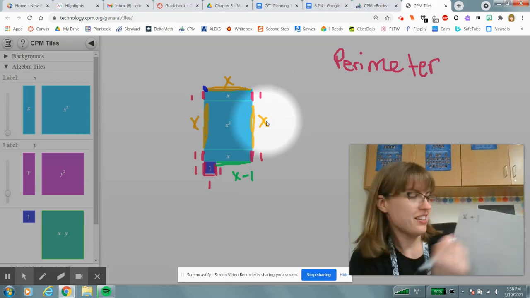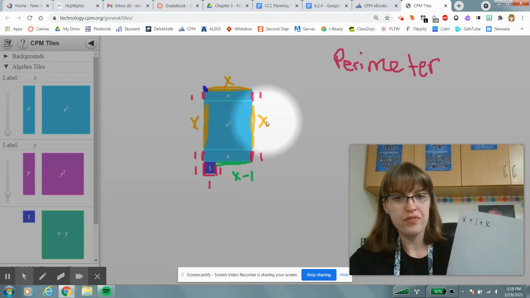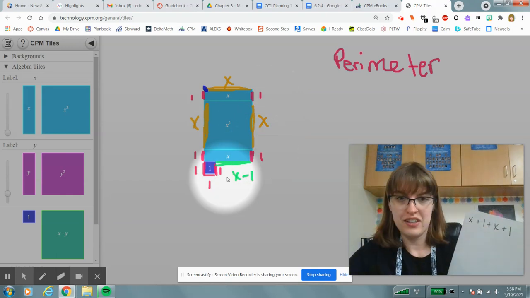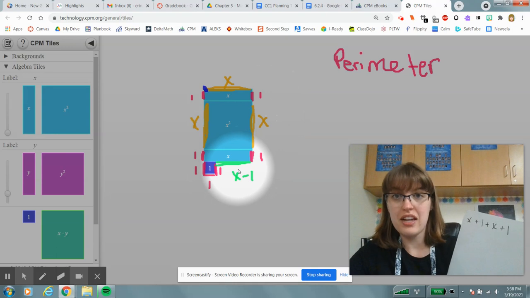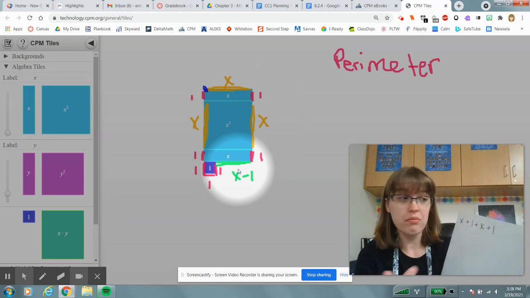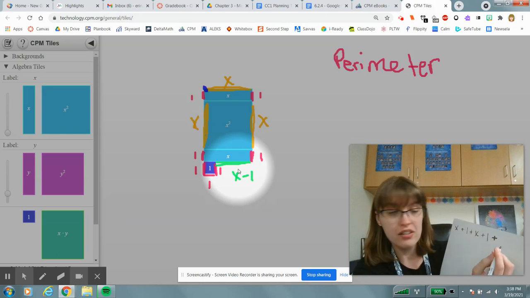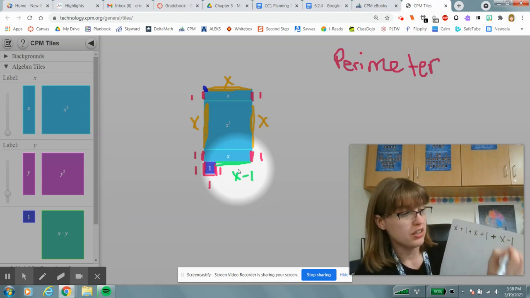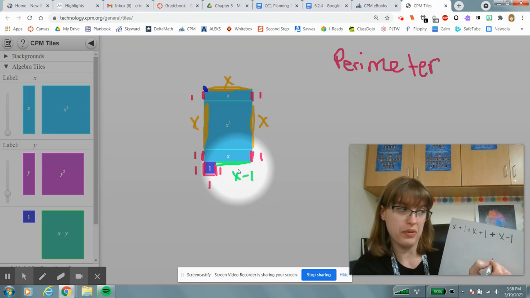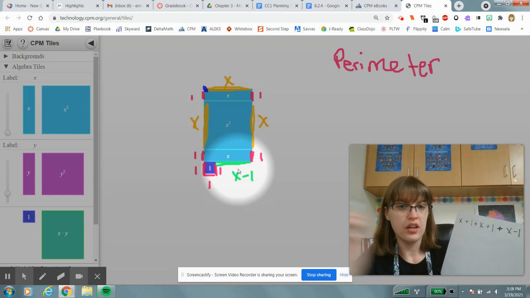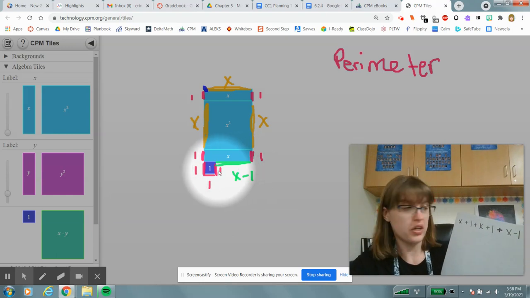Then I see an X, a 1, an X minus 1. Now that's a term, so I'm still going to write the plus because I'm finding perimeter. It just happens to be that the value I'm adding up is X minus 1. Don't get confused. Keep going. Plus 1.